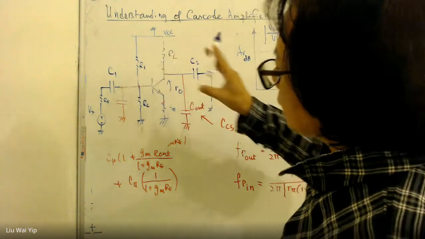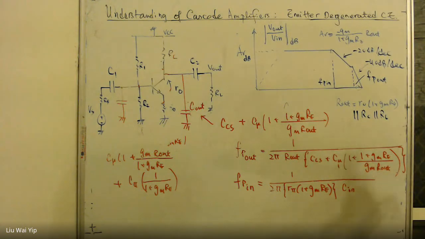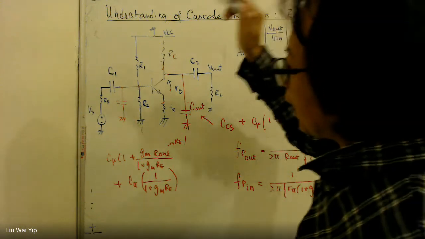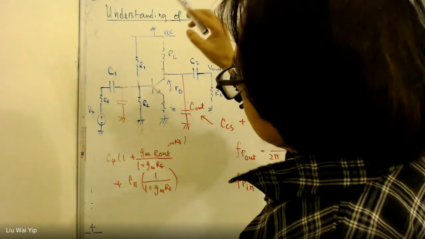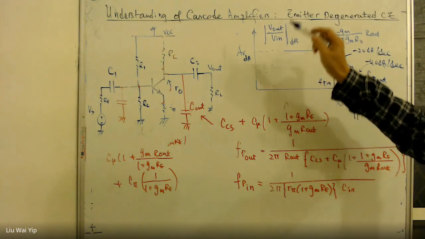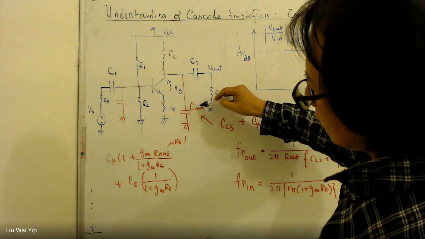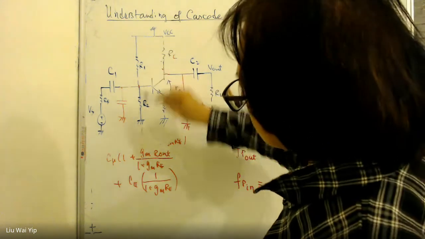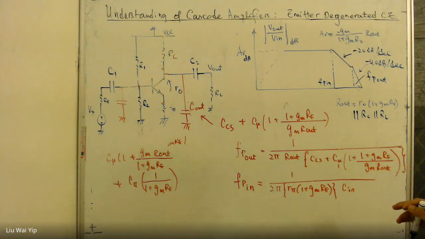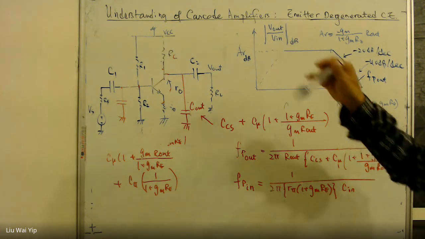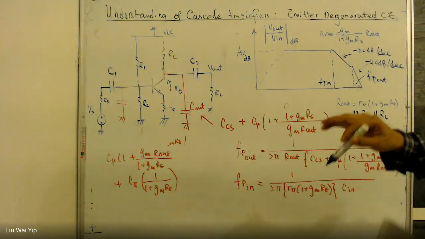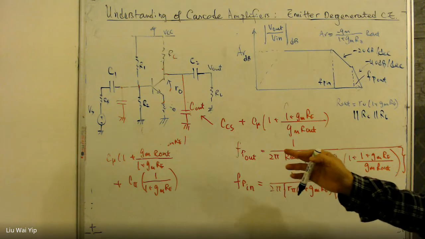C1 and C2 are high capacitances, and because of the high capacitances, they will produce low frequency response. But how about the intrinsic capacitance, C mu and C pi here? It's not going to affect the low frequency because the capacitance intrinsic to the transistor is too small.